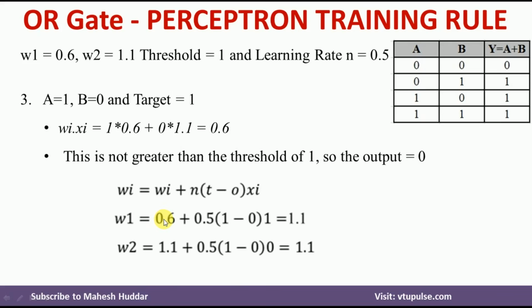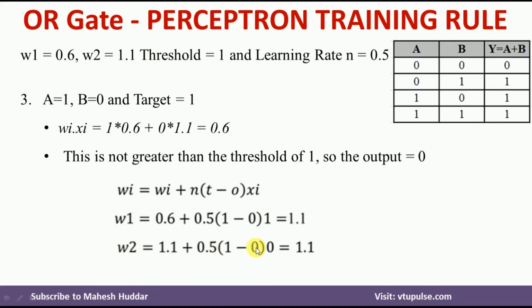W1 is 0.6 in this case, plus 0.5 into (1 minus 0), that is target is 1, output is 0, and xi, the value associated with W1, is 1 in this case. The weight is 1.1.